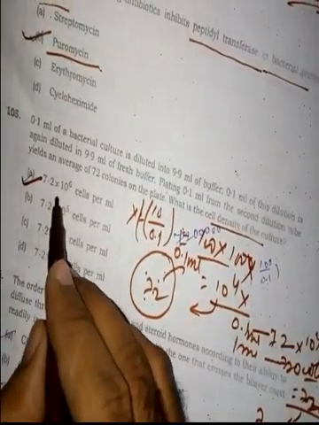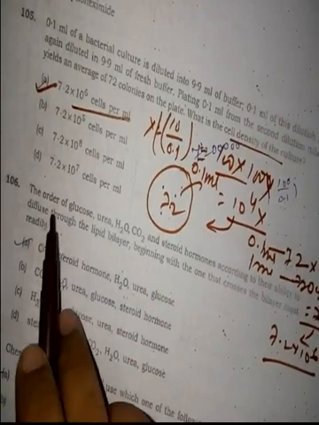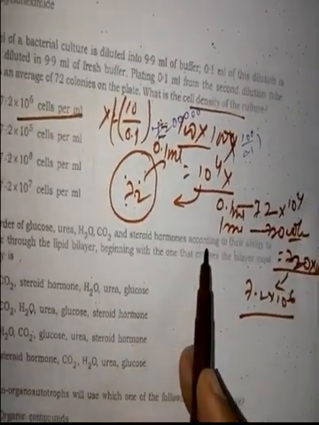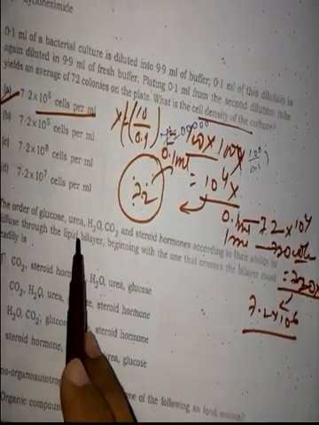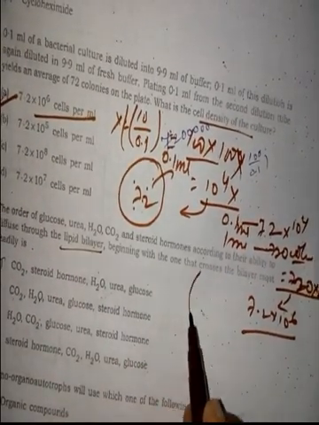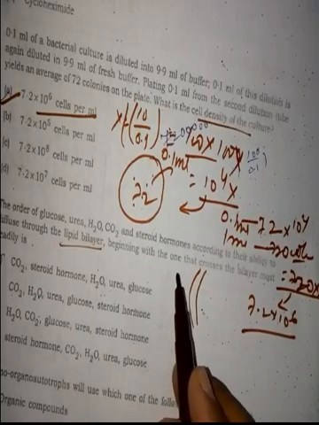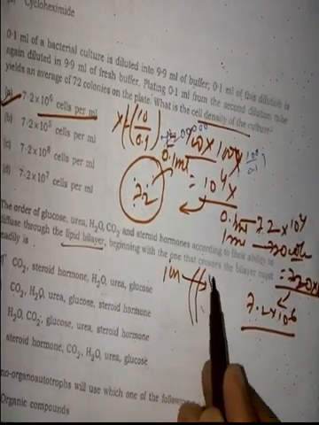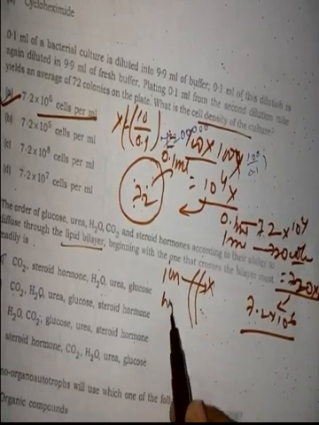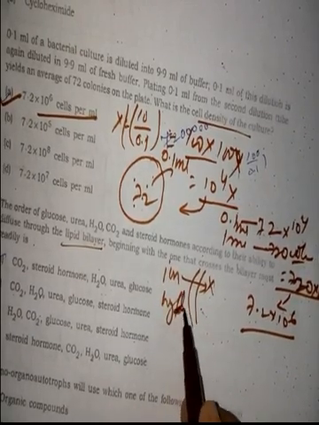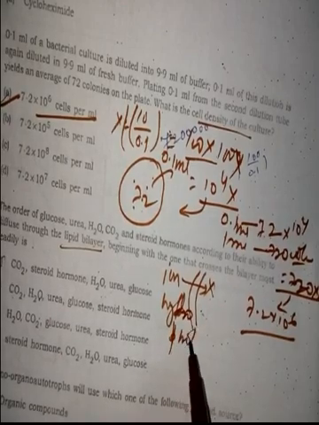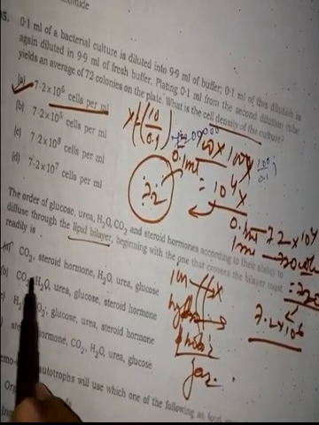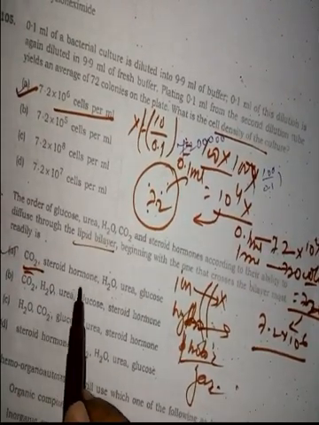So that is the first one. Moving to the next question, the order of glucose, urea, H2O, CO2 and steroid hormone according to their ability to diffuse through the lipid bilayer. We know that the lipid bilayer does not allow ions to pass. It allows only hydrophobic molecules like lipids to pass, or gases. So CO2 definitely can pass.